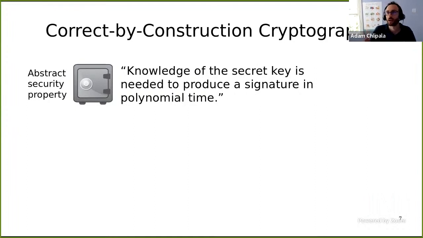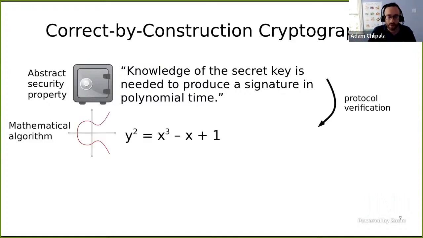Like this algorithm is not going to be fooled except by an adversary that can run in more than polynomial time. Then through a process that I'll call protocol verification, you can establish that a particular mathematical algorithm actually has that property subject to standard assumptions.